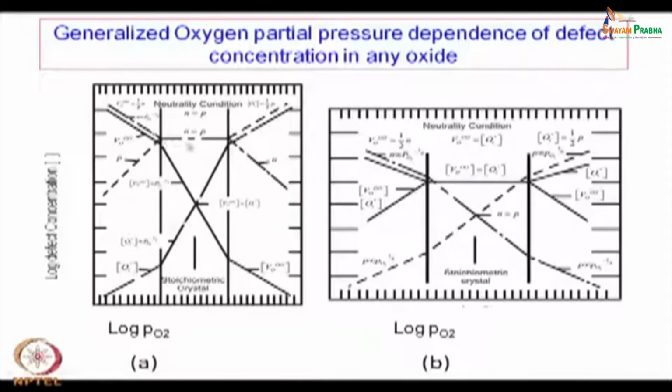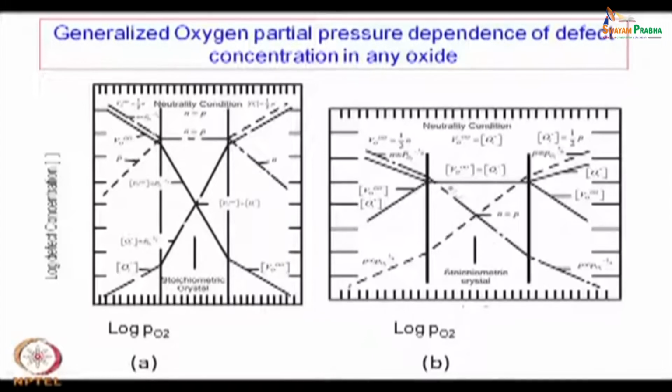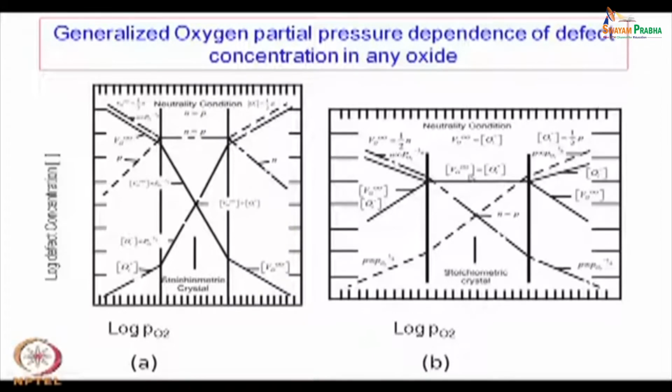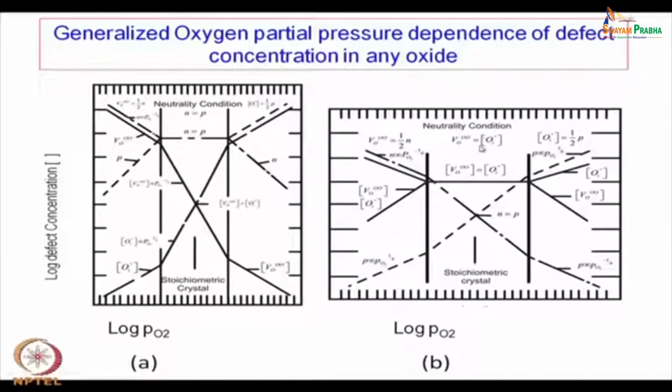So, the difference between this and that, as I mentioned, is that in the stoichiometric crystal it is the ionic compensation which is important. So, the neutrality condition is oxygen vacancy to oxygen interstitial. Here the neutrality condition is electron equal to hole, or the concentration of the electron is equal to the concentration of holes.